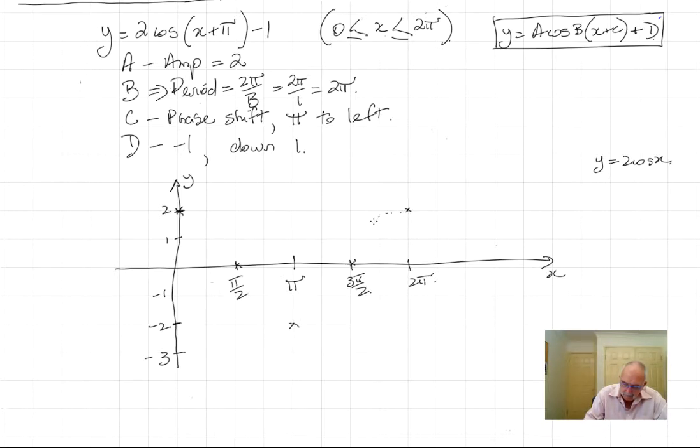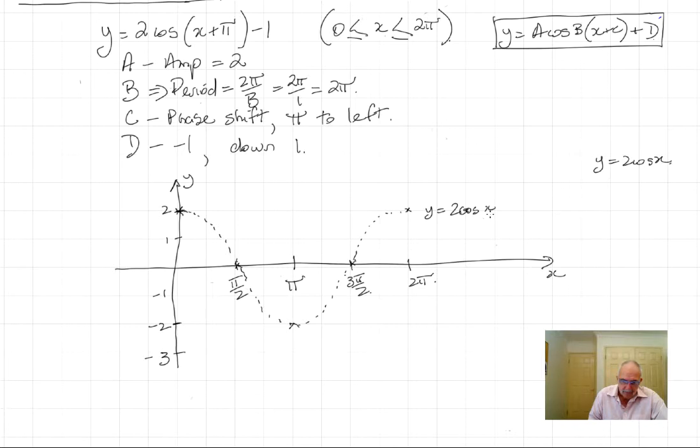Now, what I suggest you do is just dot all your lead up graphs, all your working graphs, and then draw the final graph in solid. So that's y equals 2 cos of x.